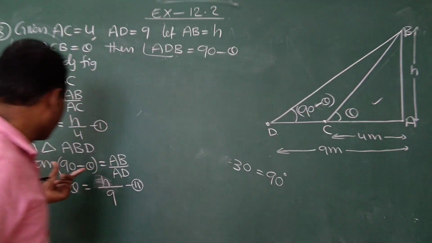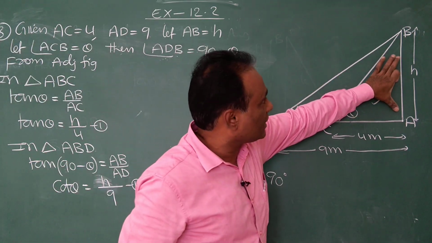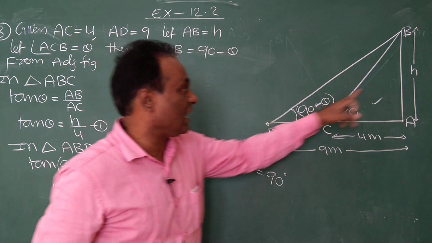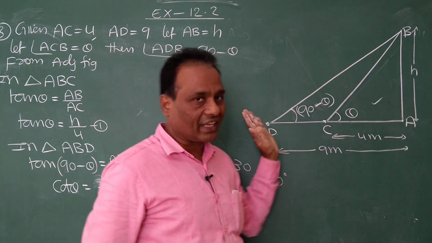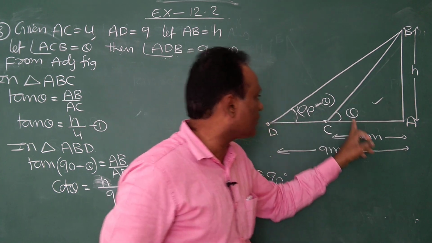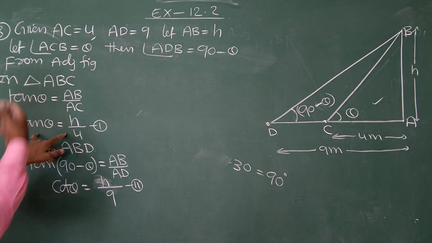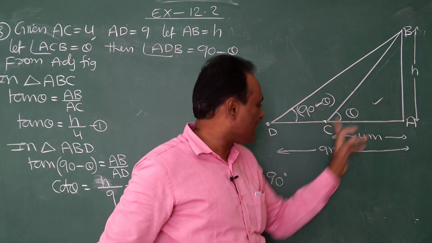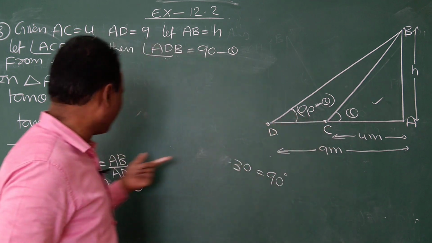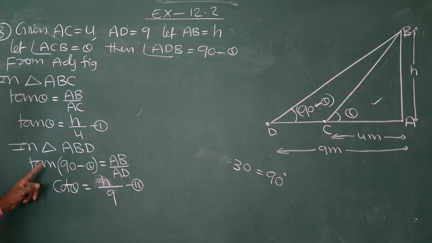Tan 90 minus theta is equal to opposite AB by adjacent AD, h by 9. In the first case it was h by 4 is equal to tan theta. h by 9 is equal to tan 90 minus theta. For 90 degrees tan changes to cot.